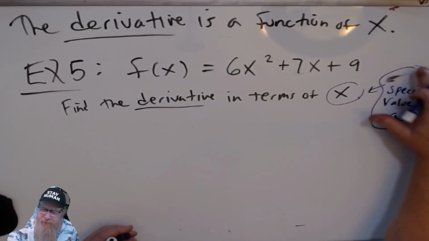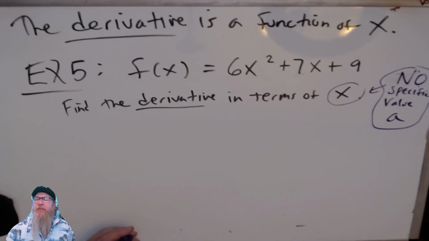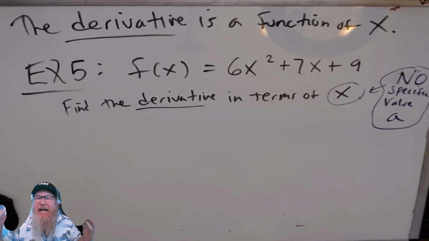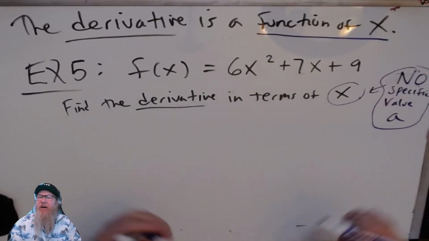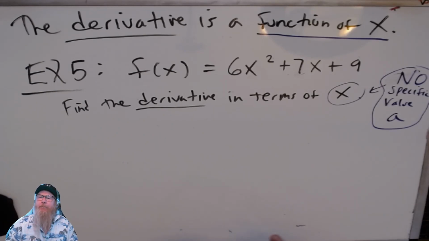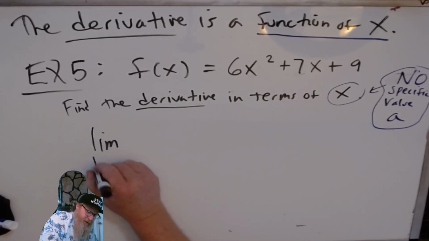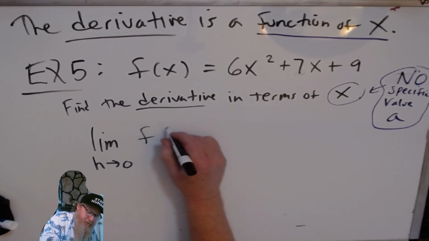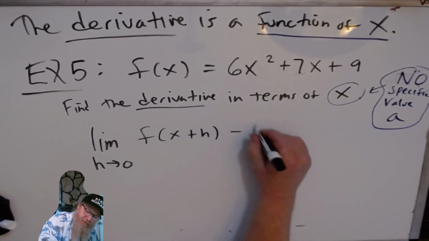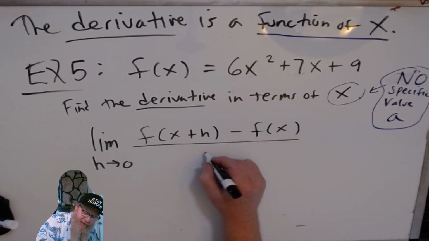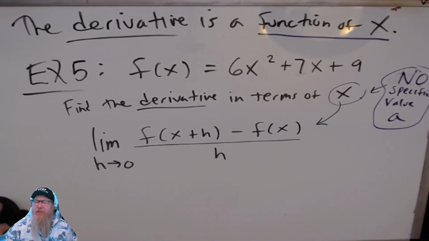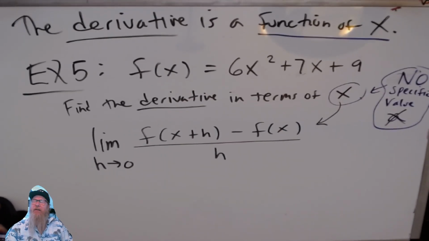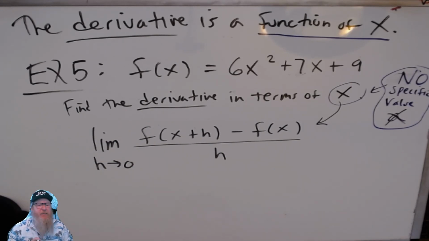So there is not a specific value of x. I could just think of this as a function. So the limit as h approaches 0 of f of x plus h minus f of x all over h. And so I'm not going to put a specific number in for a. I'm not going to use 4 or 2 or 6 or any specific number.